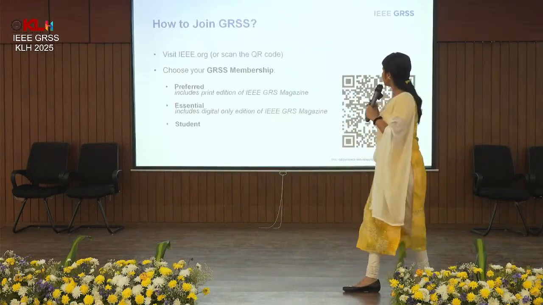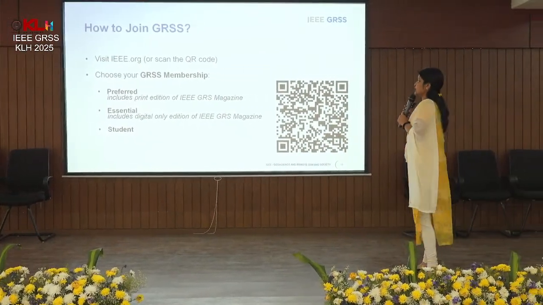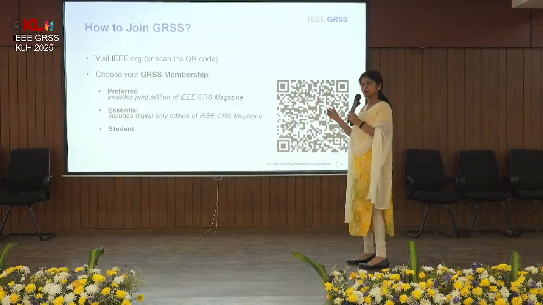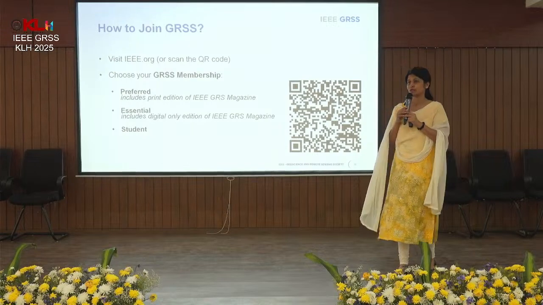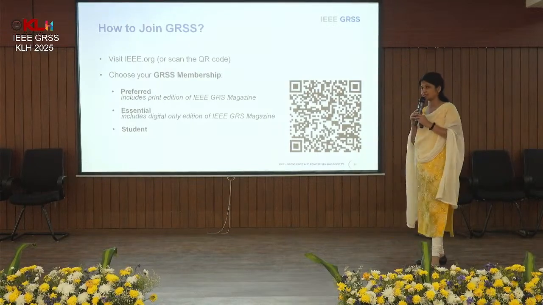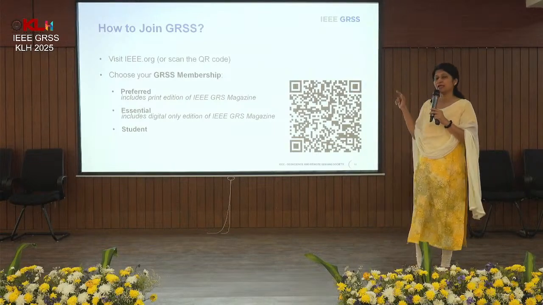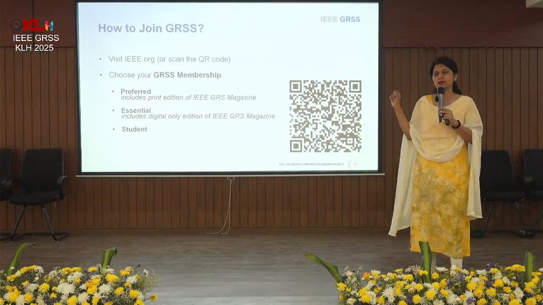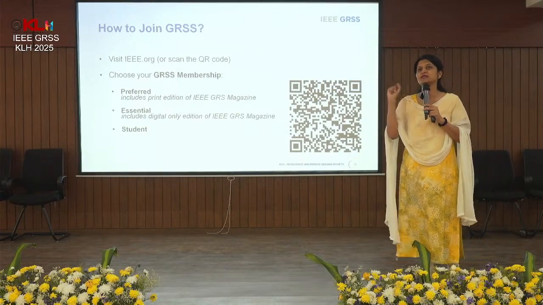Next. Yes, this is the scan code. We have a GRSS membership for preferred, essential and student. Student, everyone knows there is a student membership. What is the difference between preferred and essential? In the essential membership, you will get all the copies in a digital format.